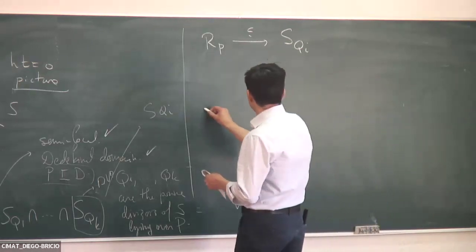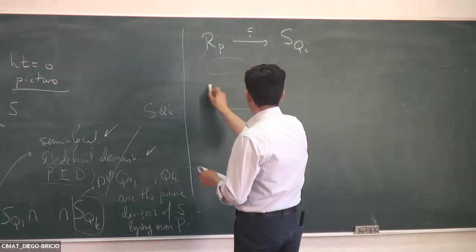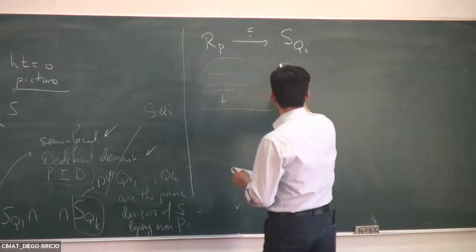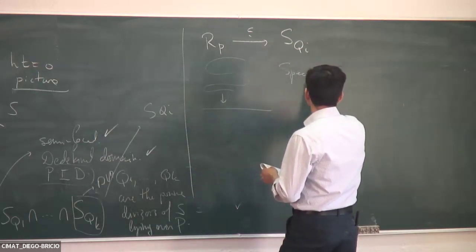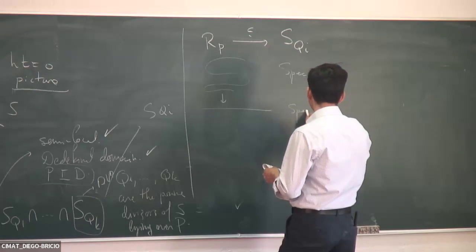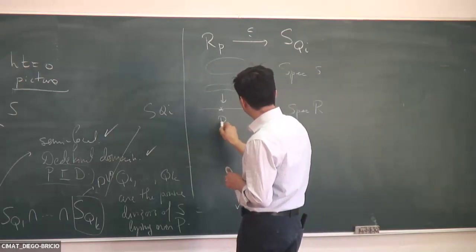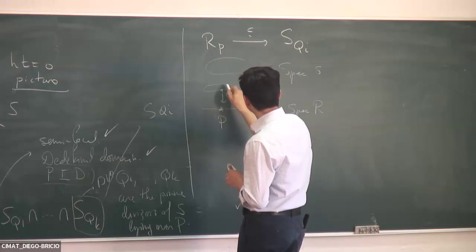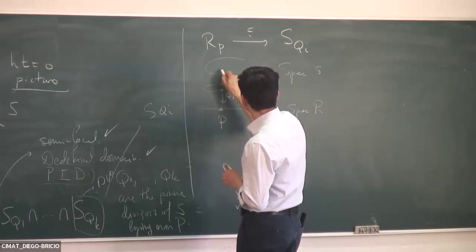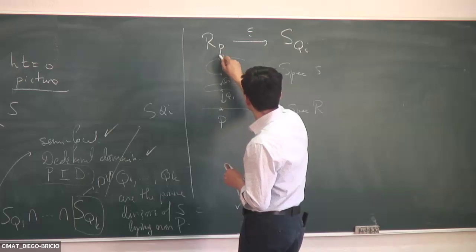So again, the picture, if you want, is that you have the spectrum of S unfolding over the spectrum of R. And all we did was to look at a prime divisor P, and we look at all the prime divisors lying over P, Q_i, I guess, at this point.